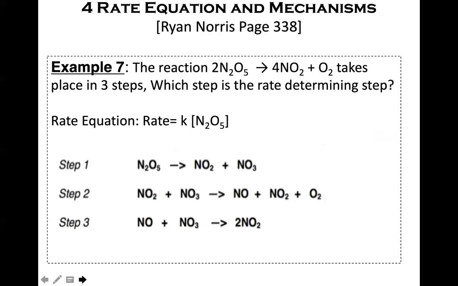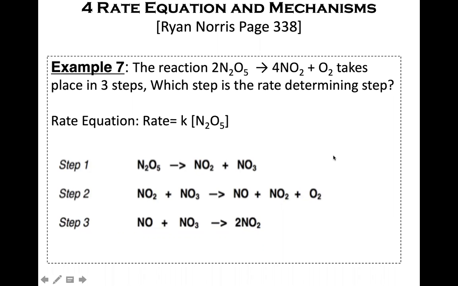Next example, example 7. The reaction 2N2O5 reacts with each other to form 4 molecules of nitrogen dioxide and 1 oxygen molecule. It takes place in 3 steps. Which step is the rate determining step? Now, they do not tell you which step is the fastest or the slowest.